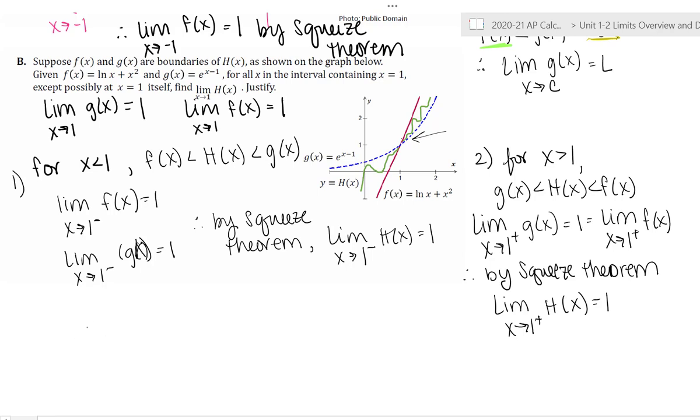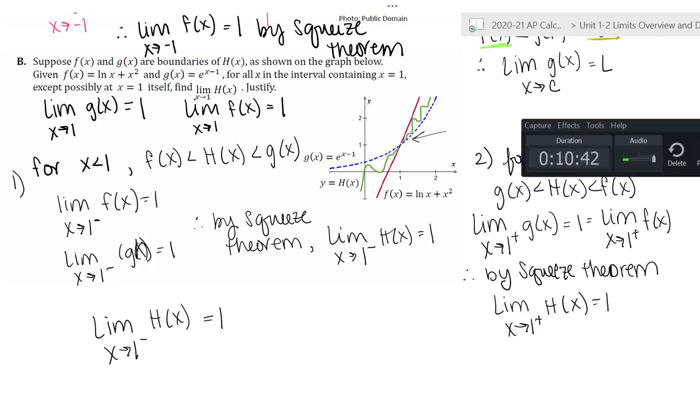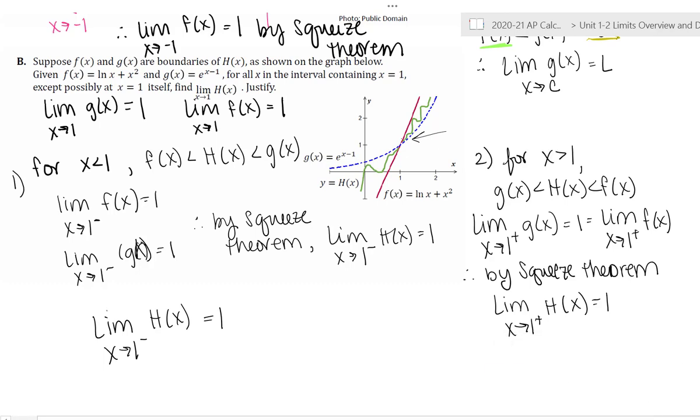So I'm going to say the limit as x approaches 1 from the left of h of x equals 1. And the limit, let's just say both of this at the same time, as x approaches 1 to the right, h of x, all of this equals 1.